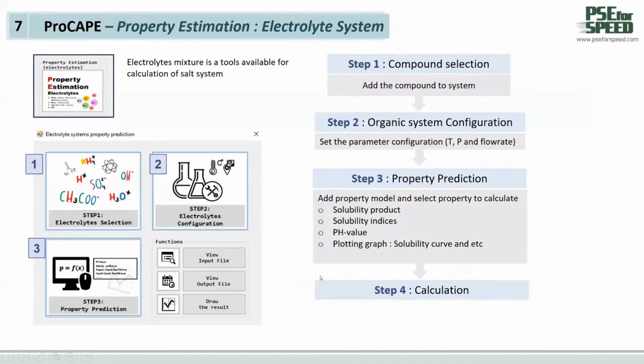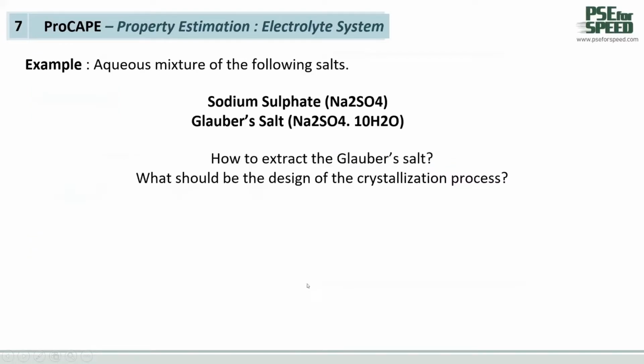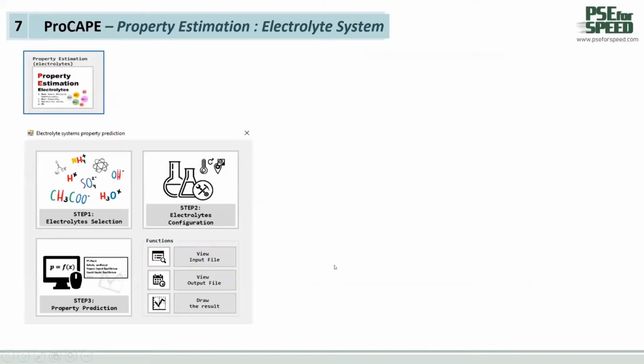The example after this will show how the electrolyte mixture function will help the user solve a problem. This is an aqueous mixture of the following salts, sodium sulfate and glucose salts. The questions are how to extract the glucose salts and what should be the design of the crystallization process.